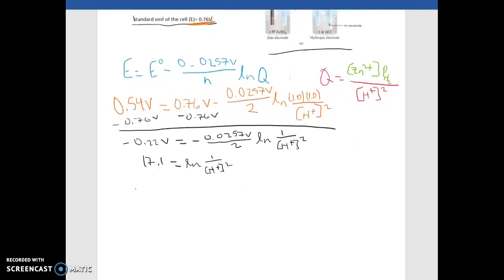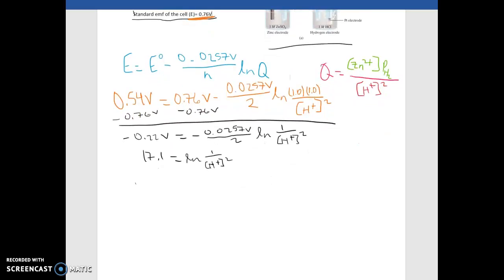Here I've been trying to solve for H, and now I'm at the point where I have a number on one side, and on the other ln times 1 over the concentration of the hydrogen ion squared.